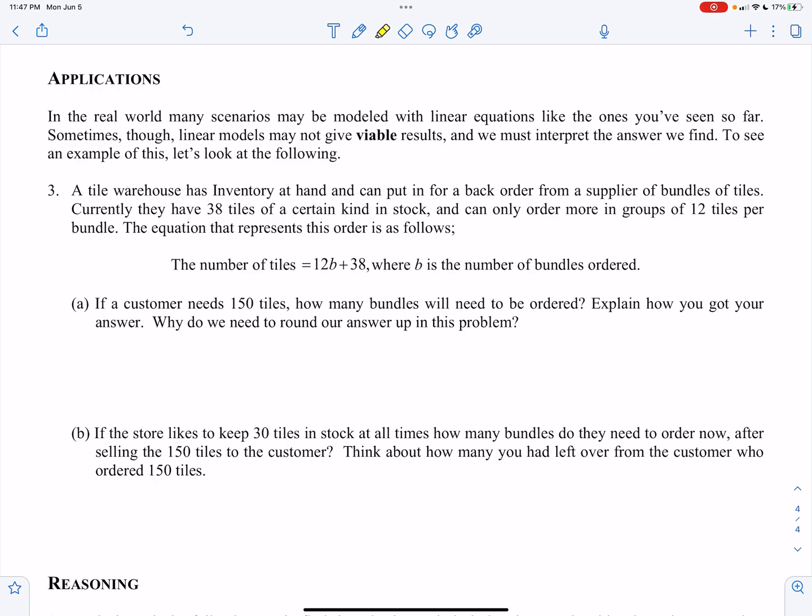The equation that represents this is as follows. The number of tiles is going to equal this expression 12b plus 38, where b is the number of bundles. And remember, it has 38 of a certain kind. So it's 38 plus 12 times however many bundles there are.